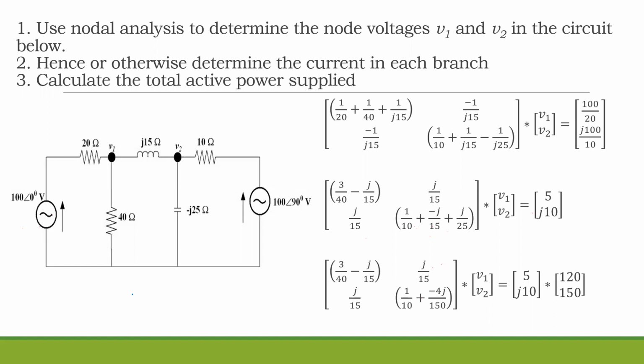It's 100 j9, it's 100 at 90 degrees. You're converting from polar to rectangular.